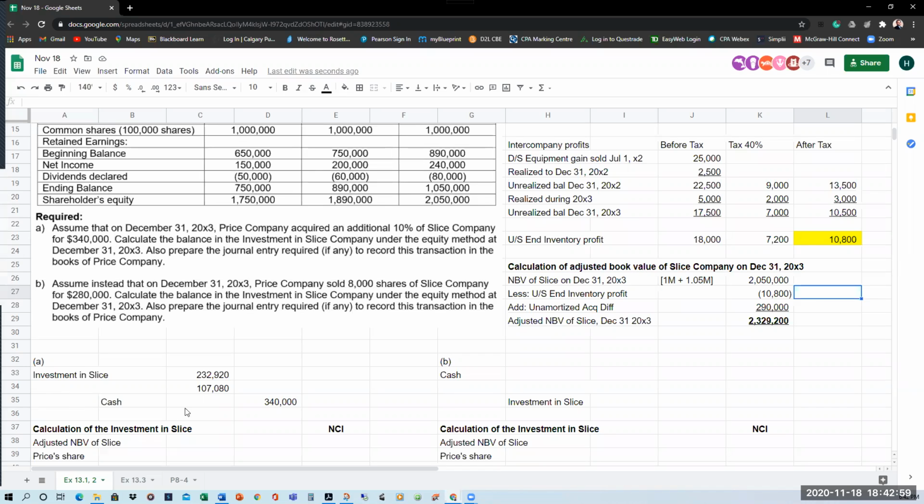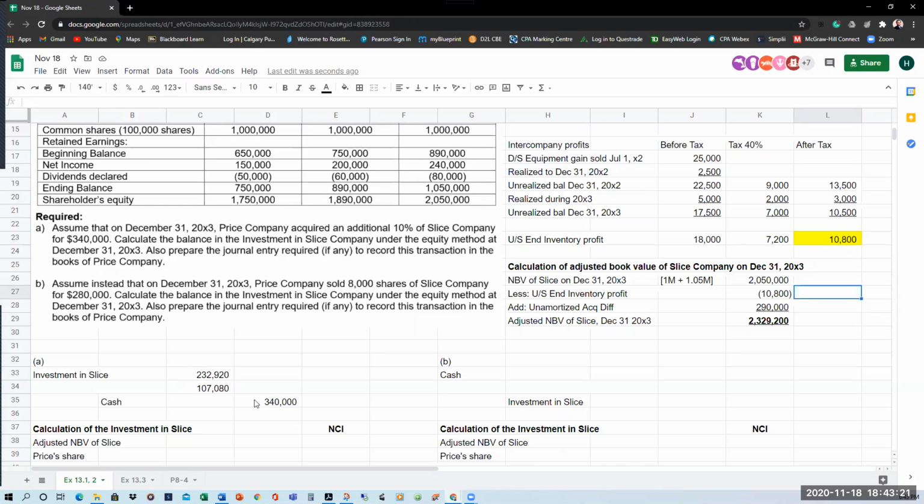So another way of thinking about it is Price has purchased an investment which is valued at 232,920 and it has overpaid, so that means it has basically incurred a loss, right?